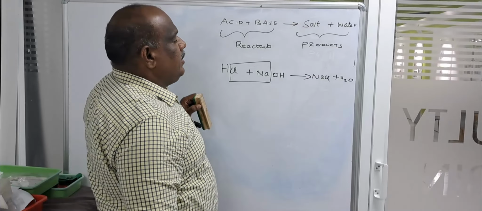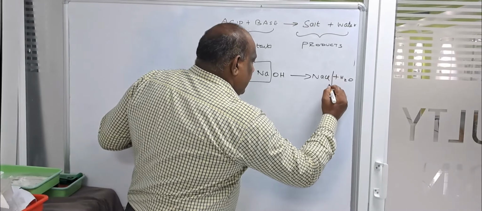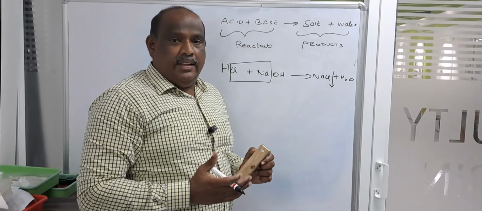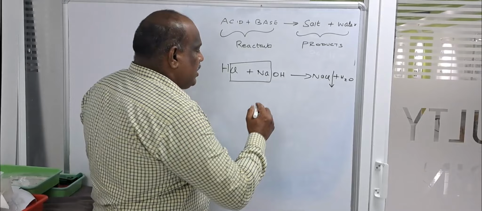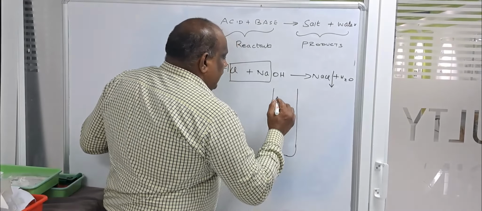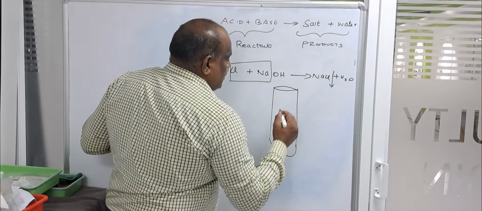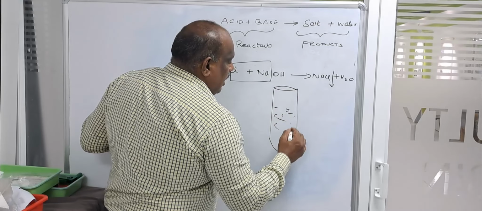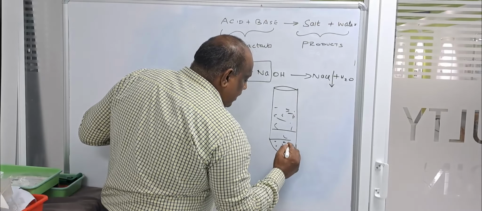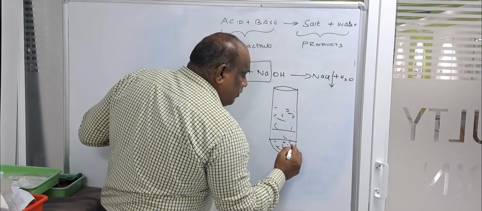Generally it is a convention to put a downward arrow if something is going to be characterized as a precipitate. What is a precipitate? Let us say you do an experiment in a test tube. After mixing, the salt will get sedimented or precipitated at the bottom.